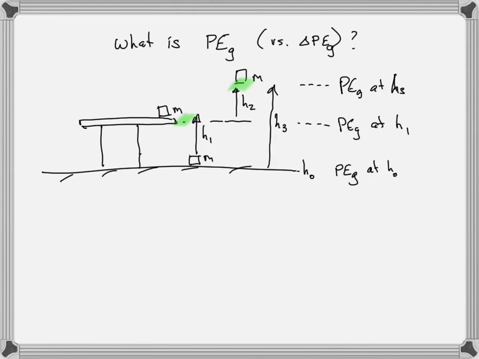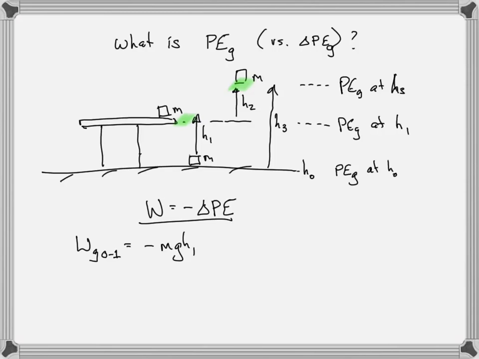So first we know that work equals minus the change in potential energy. So we know the changes, because we know, for example, the work. Again, this is in general, but for gravity, the work done by gravity from the ground to the table, so let's say from 0 to 1, is equal to minus mgh1, because gravity is trying to pull it back down, so it's a minus.